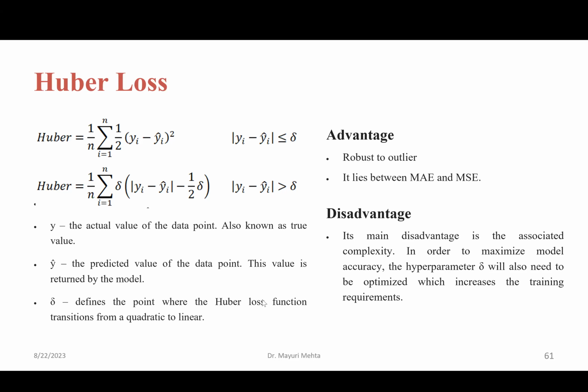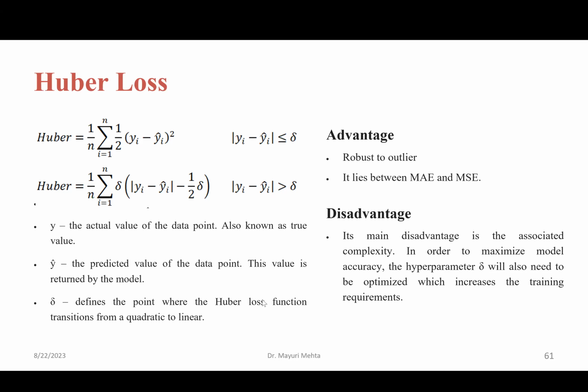It is also called the actual value, true value, or ground truth value. Y hat represents the predicted value of the data point, which is returned by the model.